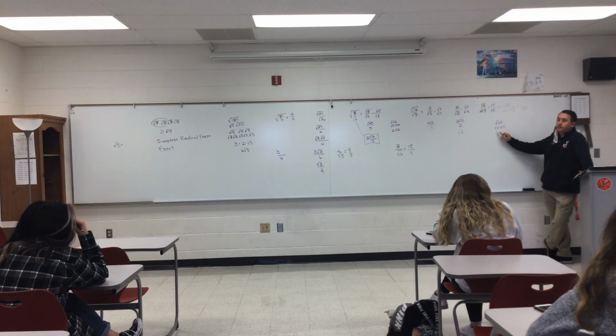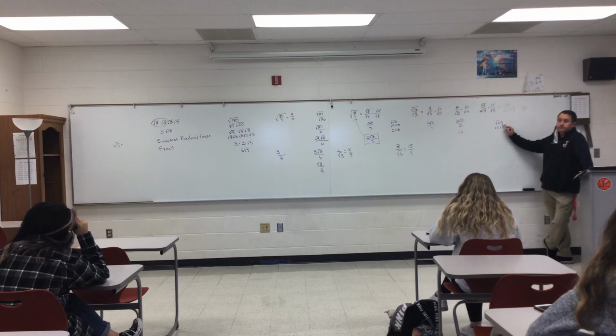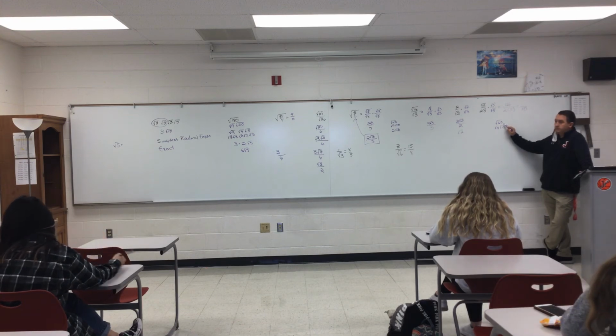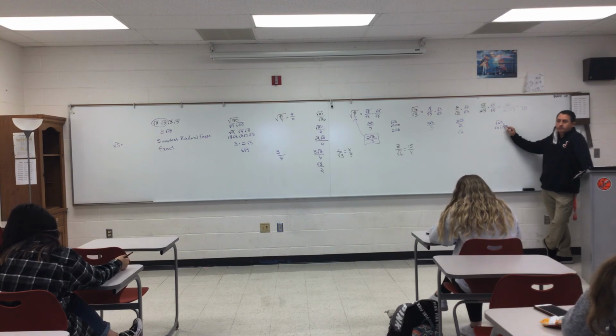But if you understand that perfect square thing, you make it faster. 4 goes into it, doesn't it? 4 times 15 is 60, right? Yes? You guys agree 4 times 15 is 60? Okay, this is going to end up being 2 square root of 15.